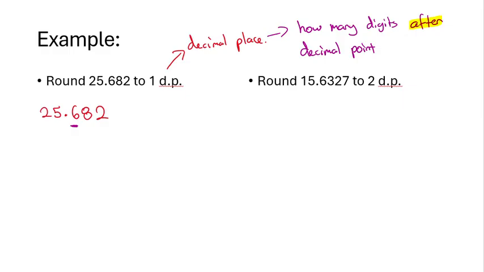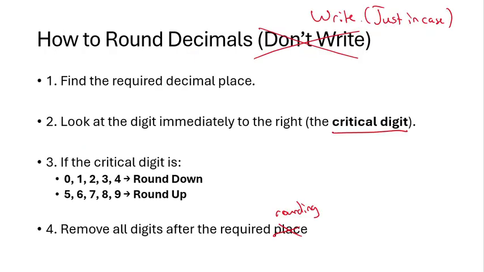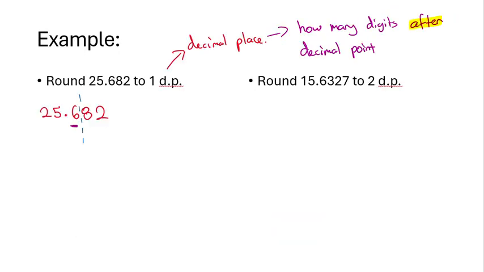What I will visually show you is, after you identify where you need to round off, or the cutoff point is, draw an invisible line like so. Now let's just follow step 3. Look at the digit immediately to the right. So after this line here, you see an 8. So this is your critical digit.